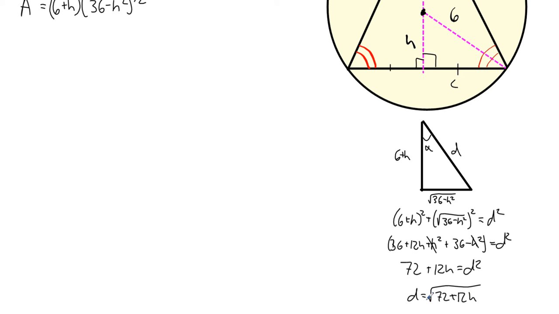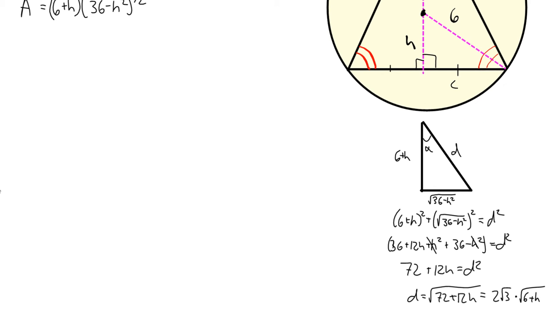Now I can factor out a 12, and 12 has a perfect square factor, which is 4. So this can actually reduce, and I'm going to do this just so that we can see. Normally I wouldn't reduce this, but I need to show you something. So I factor out a 12 and simplify, and I get the square root of 12 times the square root of 6 plus h.